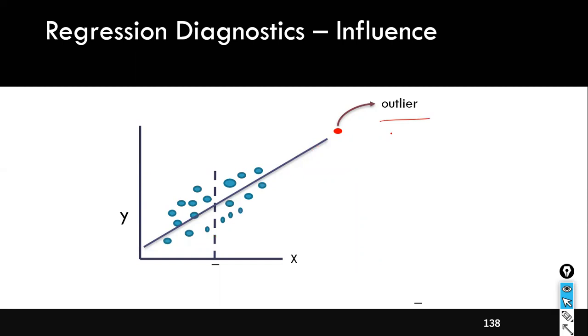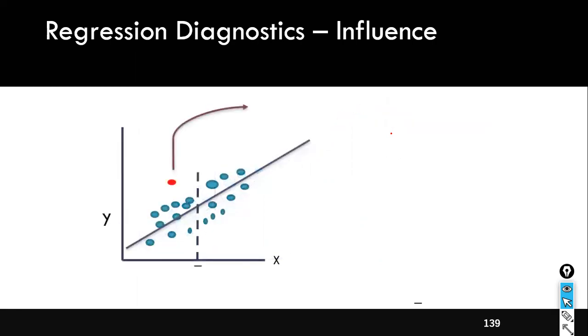So what we are understanding is that not all outliers are influential points. Got it? Is this an influential point? No, that's what I am trying to say. Okay, you have another data value here, something like this. Can someone tell me, is this an influential point, or is this an outlier?